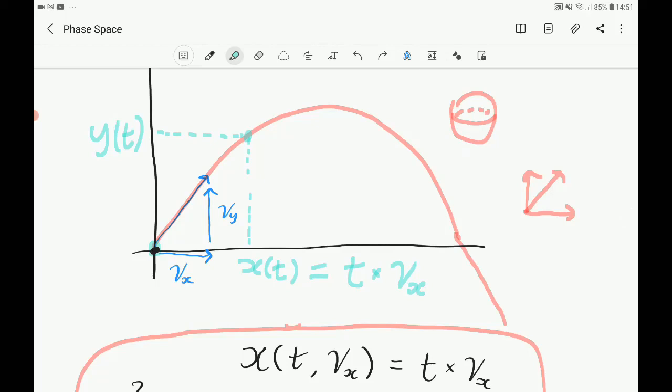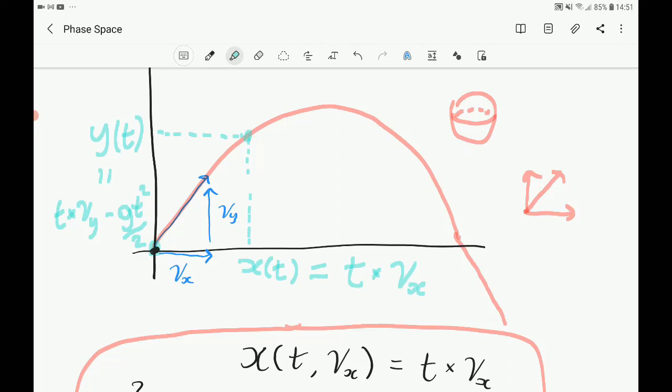So now we've understood an equation for x of t, which is this, and now we've also got an equation for y of t, which is going to be t times initial y velocity, take away g times t squared divided by 2. And so, you know, some people would probably say at this point, well, we're done. And in a sense, we are. We have these equations, we can really describe the motion.